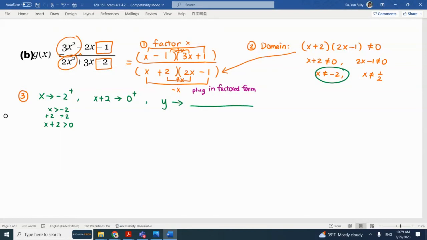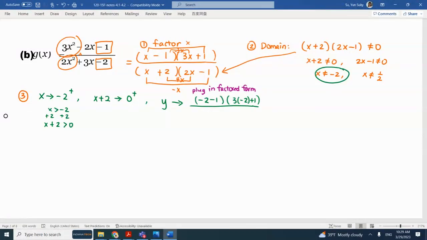So you're plugging in x is -2. So look at this factor. You plug in x is -2, right? You will have -2 minus 1, right? Next factor, 3 times -2 plus 1. Yes, everybody? And then next one.